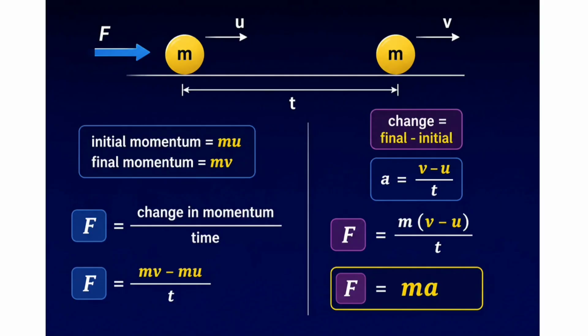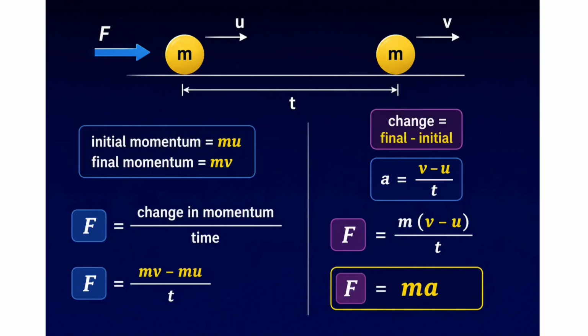Let's calculate the momentum for both states. First, our initial momentum before the force is applied will be mass times initial velocity, which is m into u. Our final momentum after time t will be mass times final velocity, which is m into v.